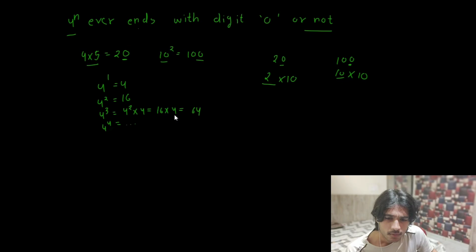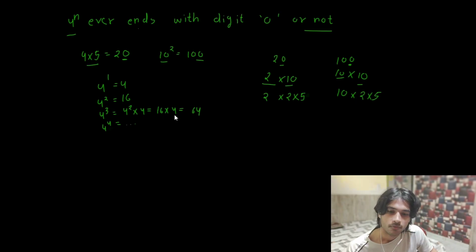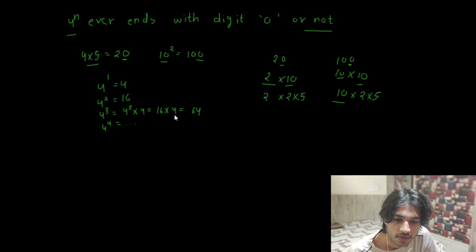And the only way 10 can be formed is if we write 2 multiplied by 5. 10 is a composite number, right? So if I have to write this composite number as a product of primes, what will I write 10 as? 2 multiplied by 5. In a similar manner, this 10 has to be written as 2 multiplied by 5. Now we can also further simplify, but we won't be needing it.